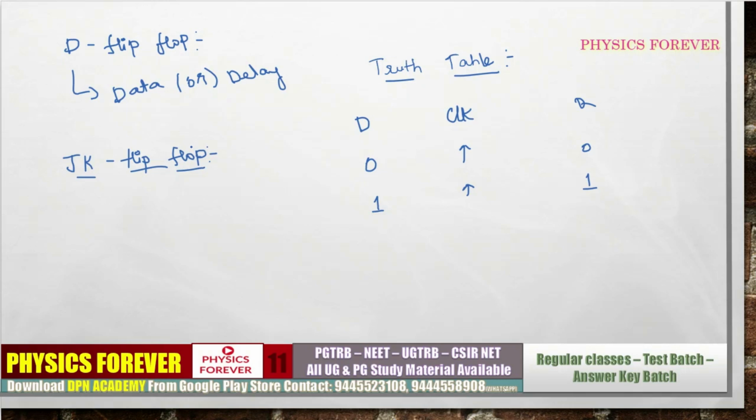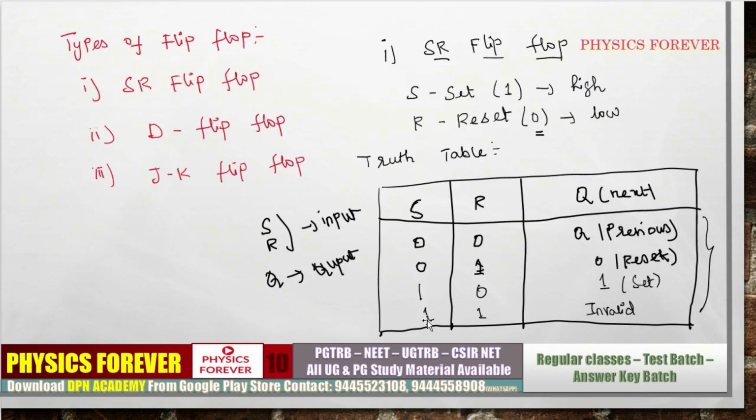In the previous case, in the SR flip-flop, giving 1 gives invalid, but in the JK flip-flop, when we apply 1, it will be a toggle. We will discuss that in the next classes.